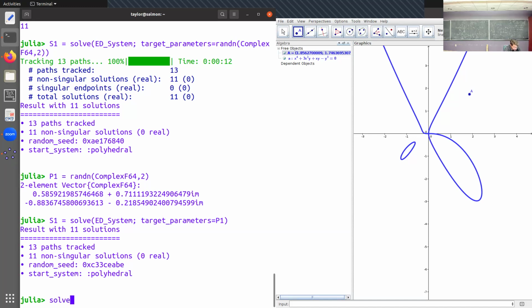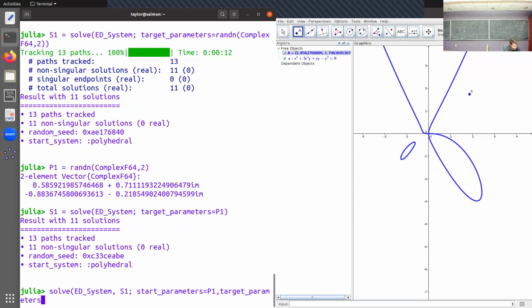Great, so now I want to solve this system with start solutions S1, start parameters P1, target parameters will be 1.85627, 1.746369.